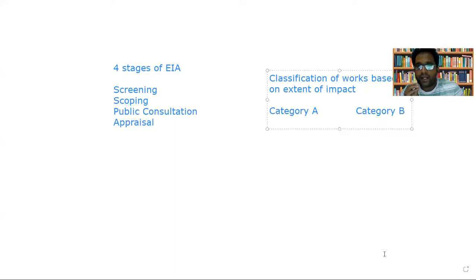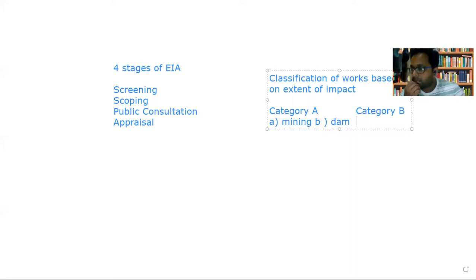Okay, different developmental projects, we have quantified the impact caused due to these different projects, and we have categorized the projects as category A project and category B project. So category A project means it will be including the major projects like mining, then dam construction, etc. Okay, so such projects which are causing a greater impact will be categorized under category A.